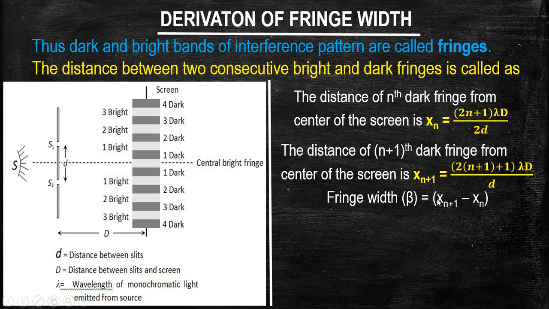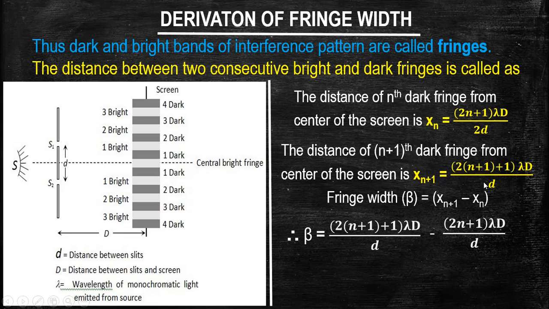If you take the difference between these two distances, xn plus 1 and xn, then you get the fringe width. Xn plus 1 minus xn: this is the distance of the n plus 1th dark fringe, minus the distance of the nth dark fringe, (2n plus 1) lambda D upon 2d.